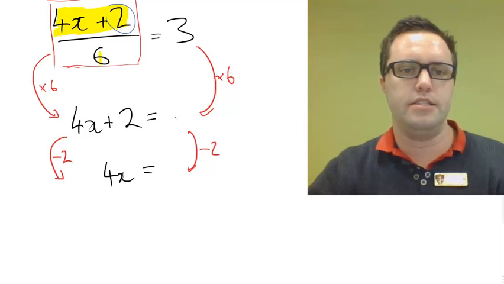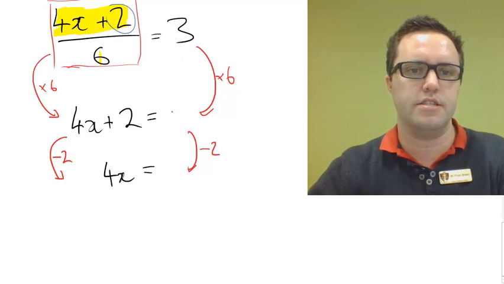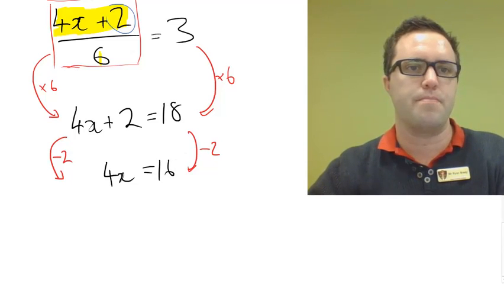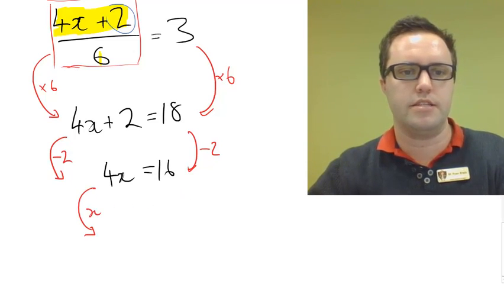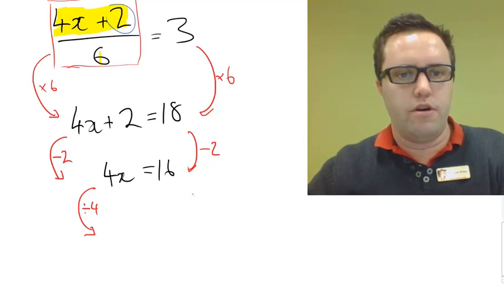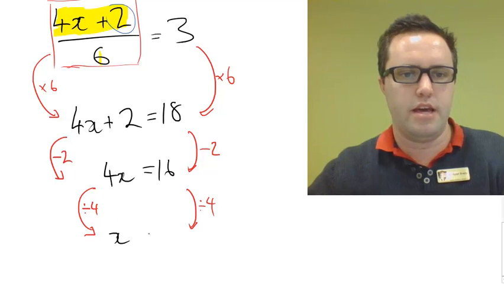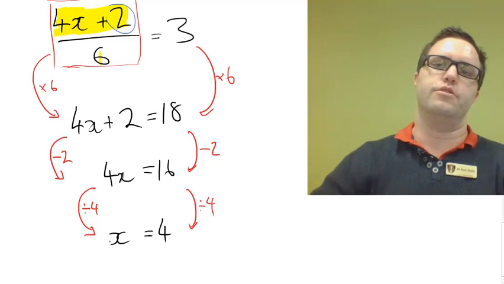That is that I didn't multiply my right-hand side by 6. So 3 6s are 18. So 18 take 2 is 16. And then we're left with this one, 4x equals 16. X, we're going to divide by 4. We're going to divide by 4 and be left with x is equal to 4. Okay, that's the solution to that one.